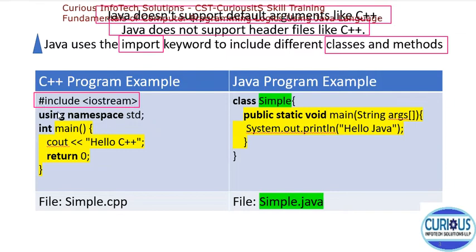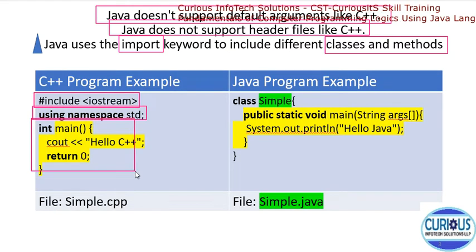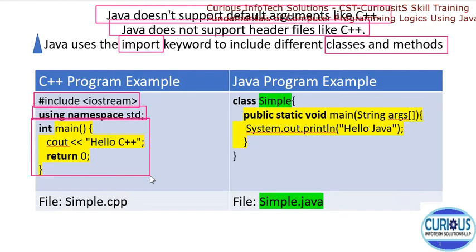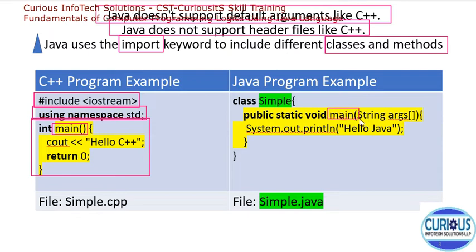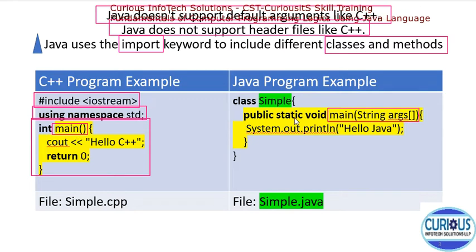So in C++ we are using the additional namespace, then we are writing our main function. The name main function is with the main parenthesis, and this is also here, the main with parenthesis. Okay, so this is the similarity between C++ and Java.